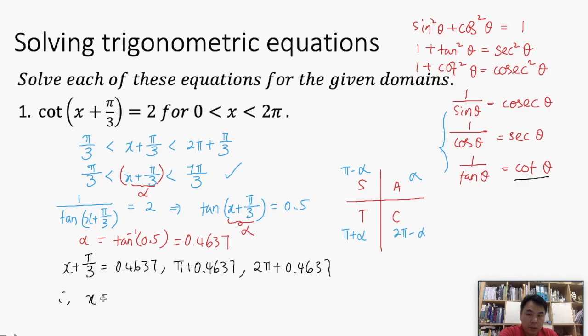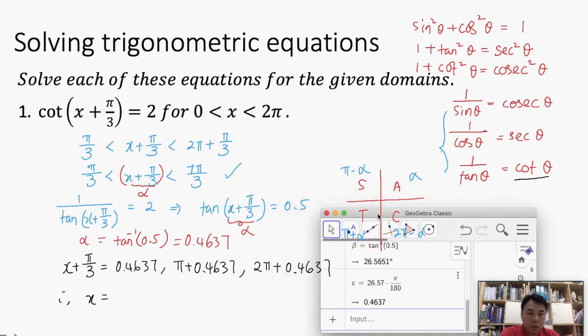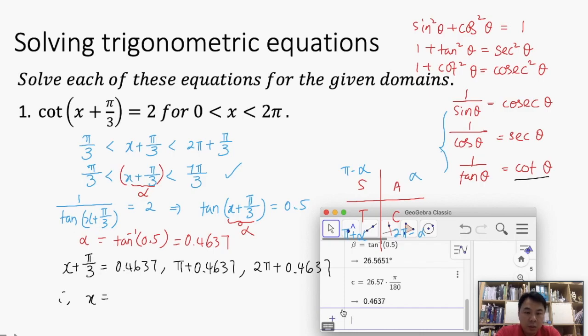Therefore, my x would be, okay, I need to take out my calculator on this because there's so many numbers to work with. Okay, just be patient with me for a while. All right. So I'm going to take the first one minus pi over 3. Okay, let me see. The answer that I got is negative 0.5835, which is actually out of the domain here.